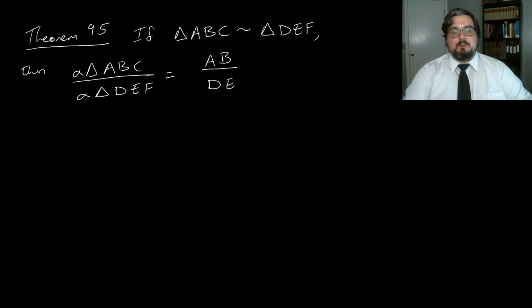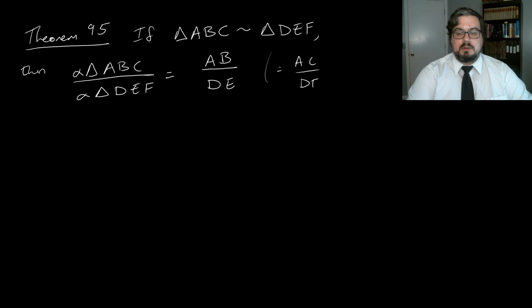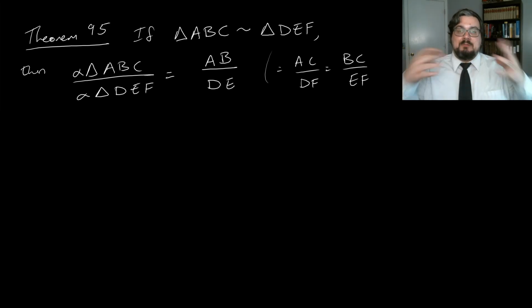So when we look at this triangle, we know that AB over DE is equal to, for instance, AC over DF, which is BC over EF. And so there's this single number which sort of measures the similarity between the two. If the number is large, then that means that triangle ABC is a scaled up version of triangle DEF. If it's small, that means it's a scaled down version.